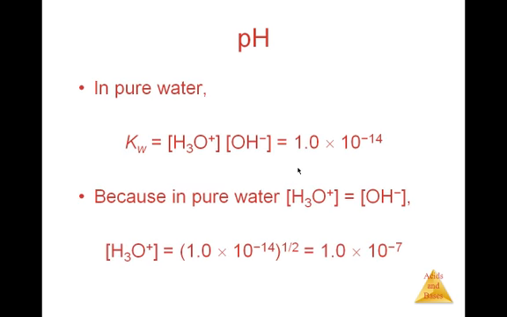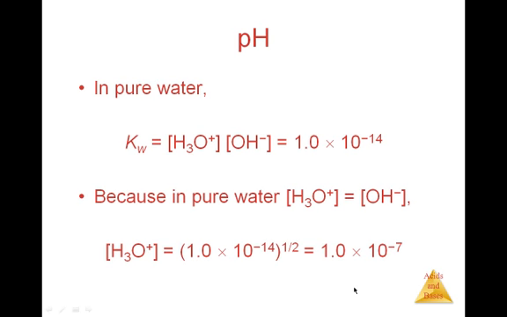All right, in pure water, K sub W is equal to that 1 times 10 to the negative 14th, right? And then that's the concentration of hydronium times hydroxide. Because in pure water, the amount of hydronium and hydroxide ions you have are equal to each other, we can write it out as the square root of 1 times 10 to the negative 14th.